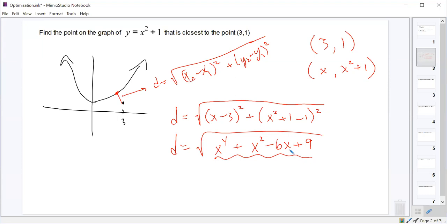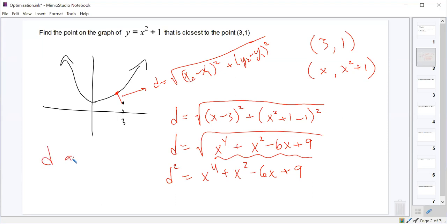So it doesn't really help us too much on this problem, but in the future, you could say, well, when is d squared at a minimum or a maximum? The x value at which d squared is at a minimum or maximum is the same x value at which d is at a minimum or maximum.